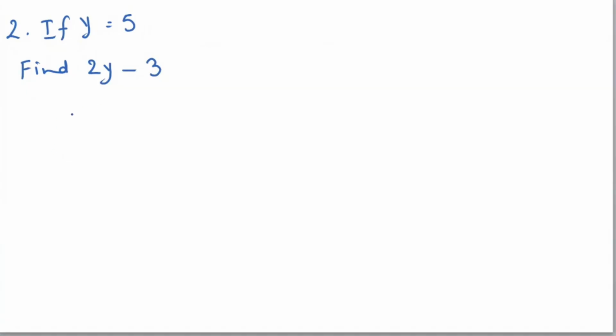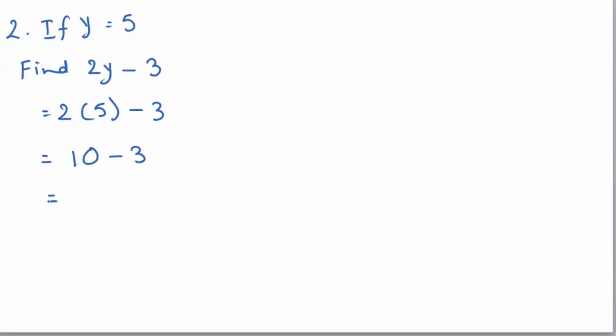The first step is we have to replace y with 5, the variable with the number. So it will be 2, and in place of y, we write 5 because y equals 5. Then in the next step, we have to multiply these two. 2 times 5, it will be 10 minus 3.